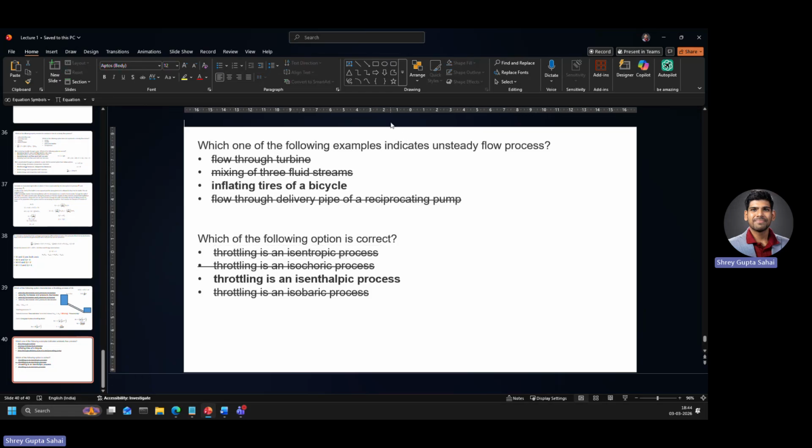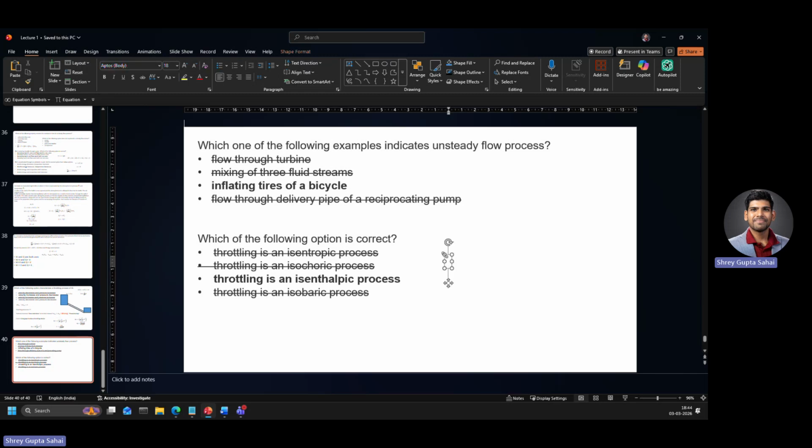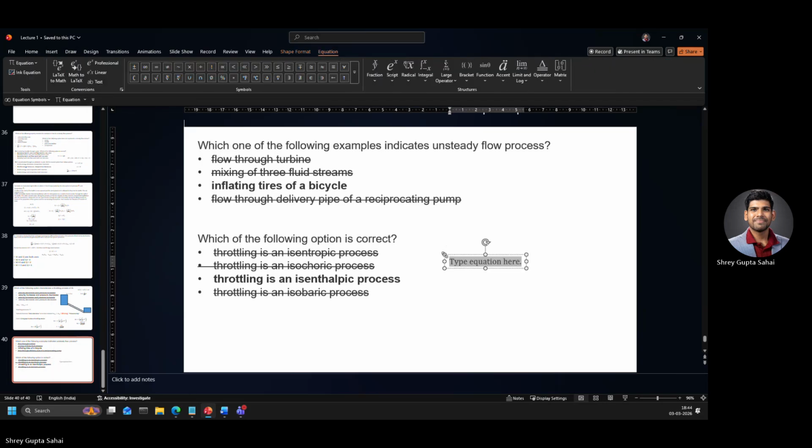In a future lecture or somewhere, you will come across TdS relationships from which you will learn how to actually calculate entropy change. So in that one, you generally write this, right?